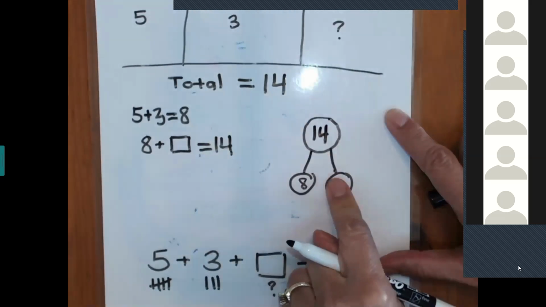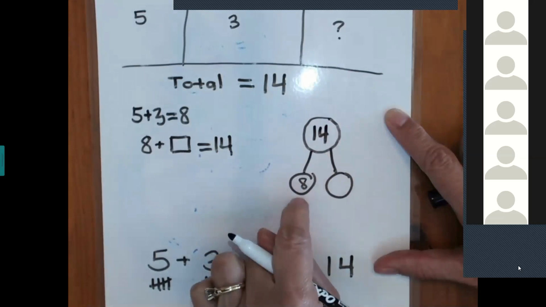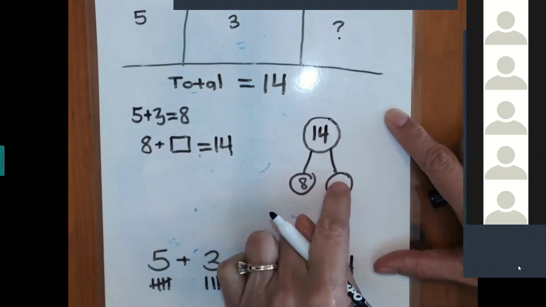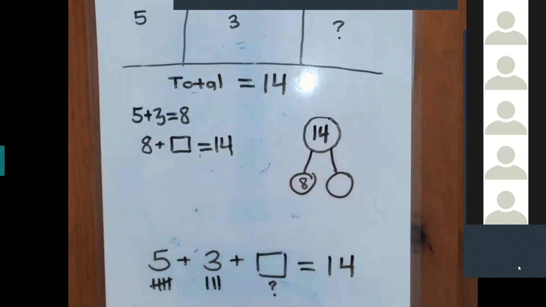So Joanna, how did you figure out what went into the missing part? I thought it was 8. You thought the other one was 8 too? Yeah, because 4 plus 4 got me confused. Oh, I see. That makes sense why that would be confusing.